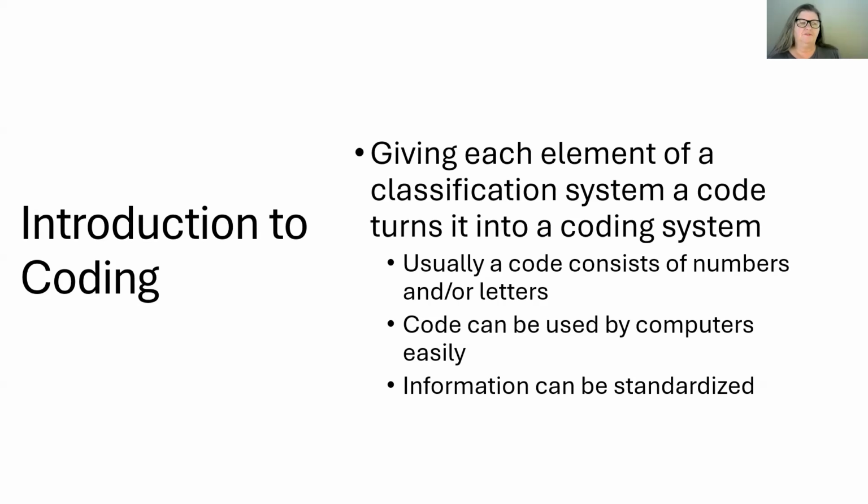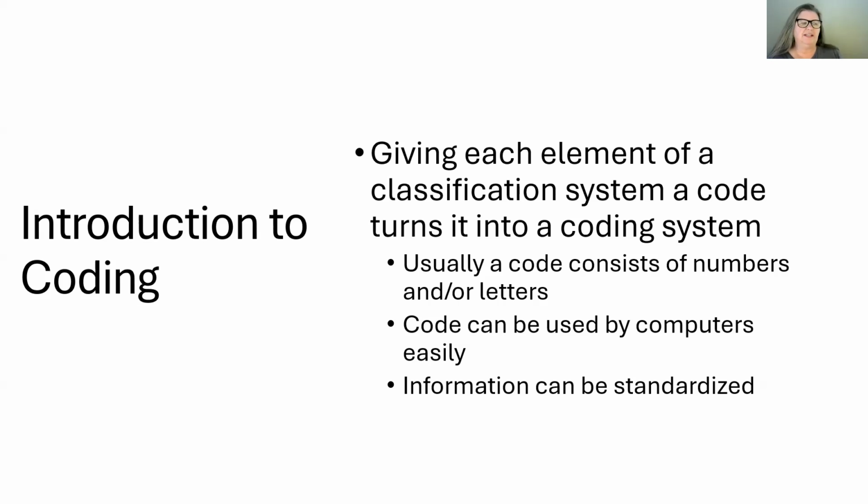And when we give those systems a code, it turns them into a coding system. Usually the code consists of either numbers or letters or both. We are going to talk first about procedural coding, which for the most part is just numbers.